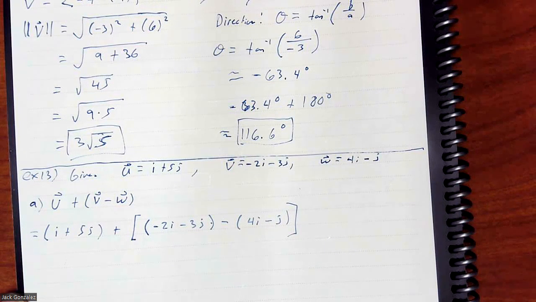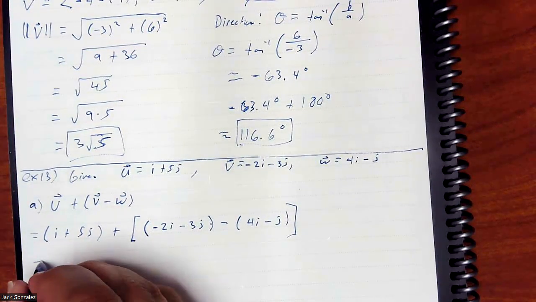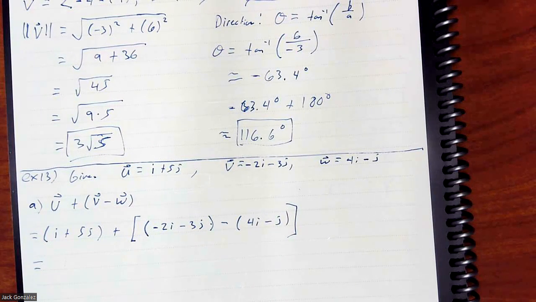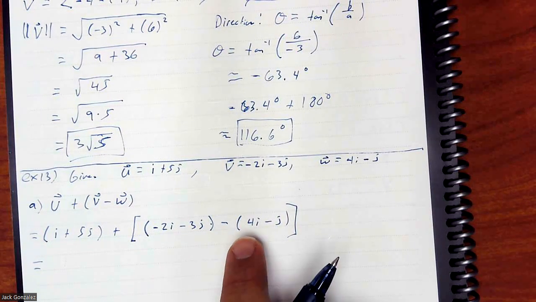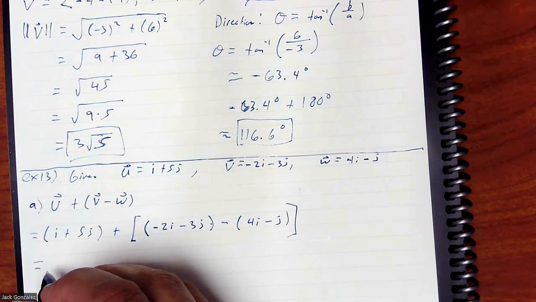So at this point, what I would recommend is distribute that negative and then group all the i's and all the j's together. That way you don't mess it up.